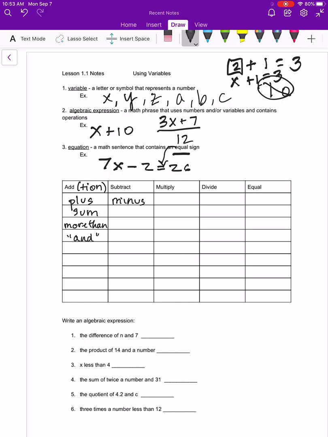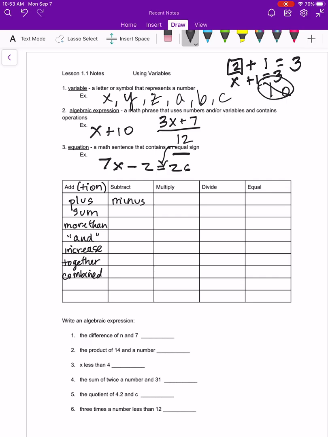You have to be careful, so I'm going to put it in quotes, because sometimes the word and might not mean addition, but a lot of times in word problems, the word and could mean addition. All right. How about increase? Or together? Combined. Addition, we have up there. I can't think of any more right now. If you don't have some of those down, make sure you add those to your notes.